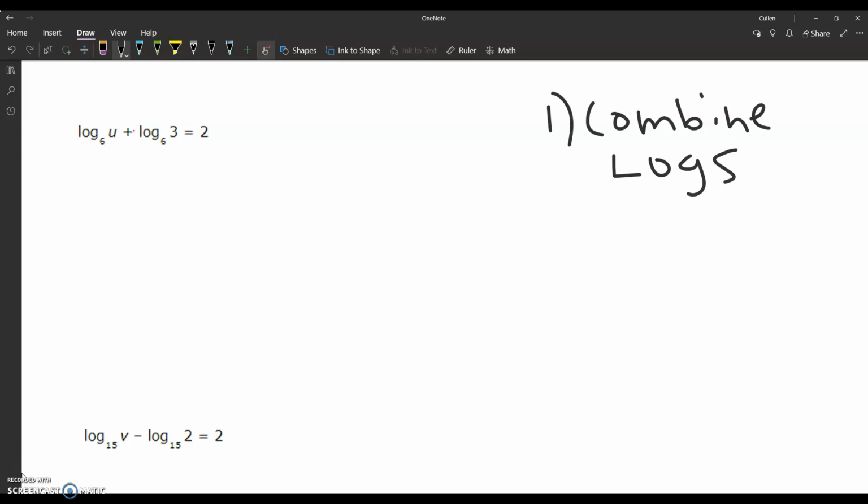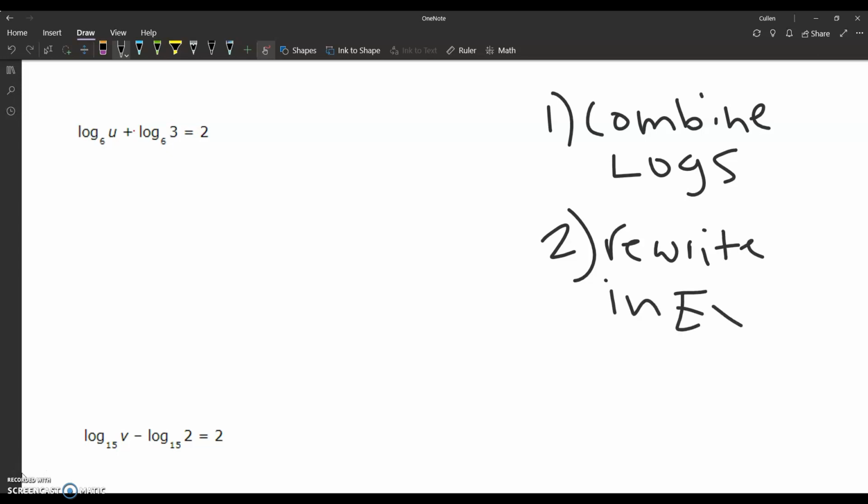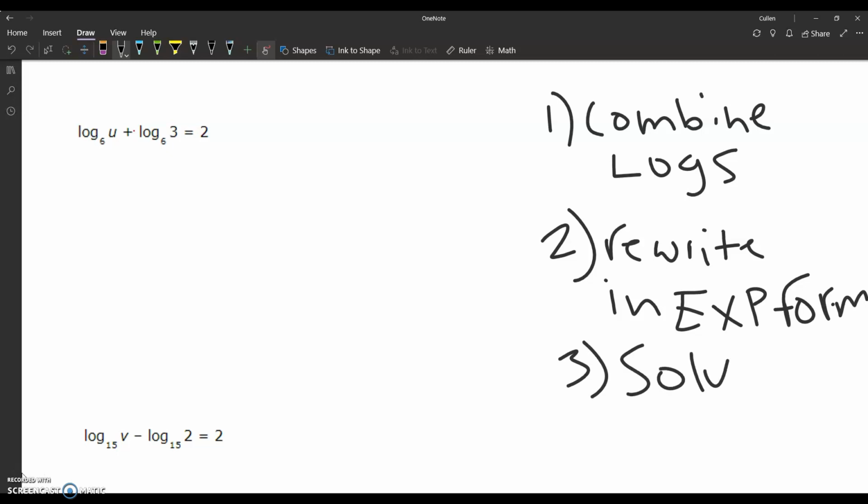We're going to combine them using whichever property, and then we're going to rewrite them like we did yesterday in exponential form. And after you do that, you will have an equation to solve. Okay, so let's go ahead.